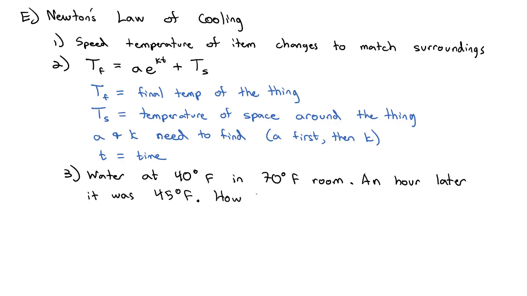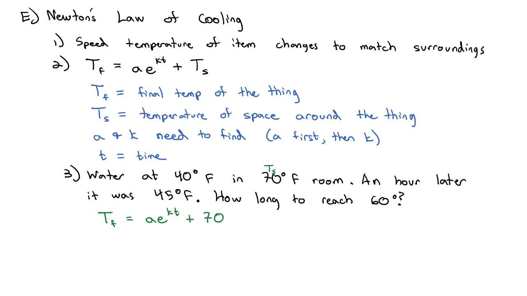I want to know how long to reach 60 degrees in this room. Well, the first thing we know is that the temperature of the space around it is 70 degrees. So I would start by writing my formula. The temperature at the end is equal to A e to the kt plus the temperature around it, which is 70 degrees.